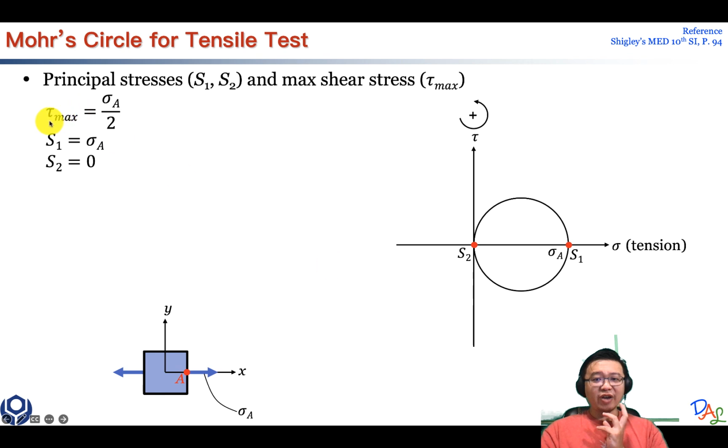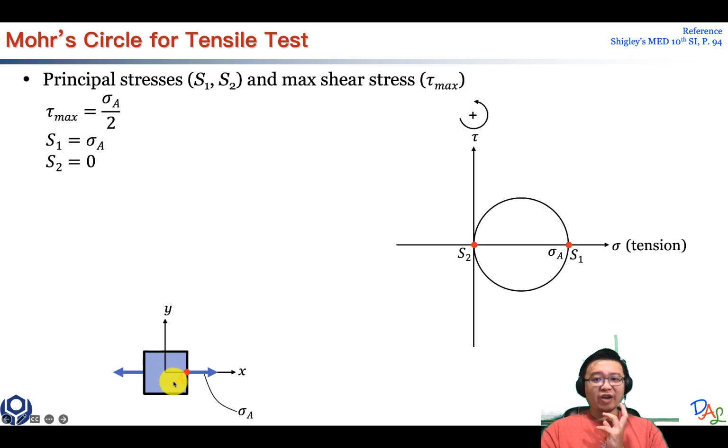The maximum shear stress is the radius of the circle, which is half of sigma A. So even when you are pulling your material in this tensile test, there is still shear stress inside. It's over here, at a 90 degree angle, so you need to rotate by 90 degrees on the circle, which means rotating 45 degrees.